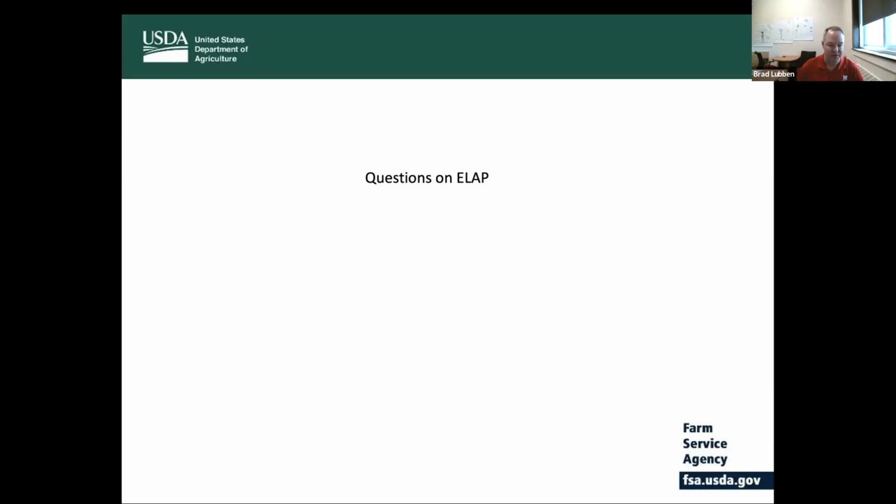Okay, great. One more question here about ELAP, specifically just to clarify the math. The 660 per mile rate for hauling feed or hauling livestock, that's the rate before the adjustment, right? So is it 660 times 60% equals 396 paid, or is 660 the adjusted rate?